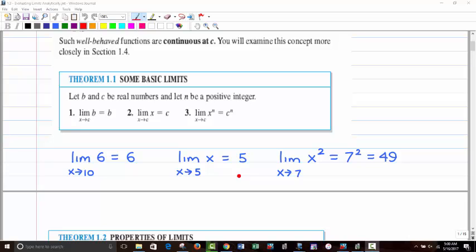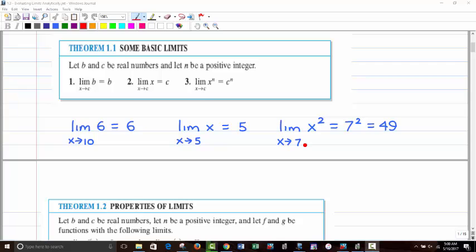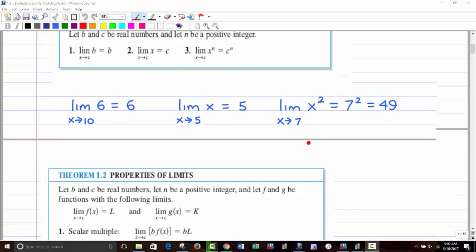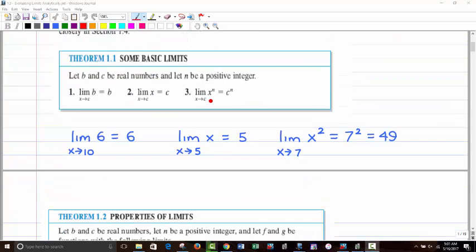And then the last one says, assuming n is a positive integer, which would not necessarily be true for a negative integer. I'll give you a quick verbal example of that case. The limit of x raised to the n as x approaches c would be c to the n. An example of why it must be a positive integer: let's suppose that n was negative 2, x raised to the negative 2, which of course is just 1 over x squared.